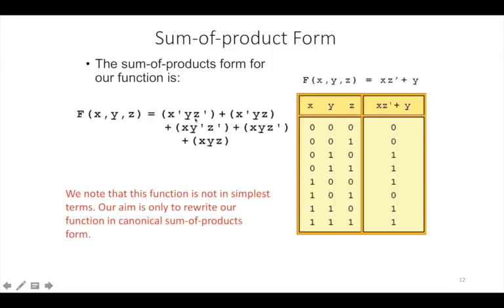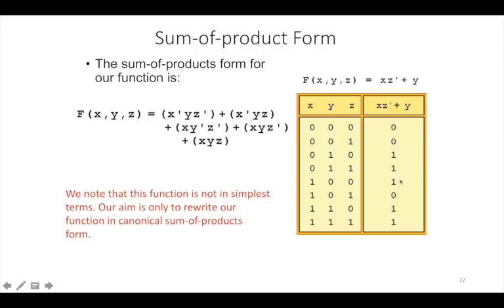Then we OR with the next term that makes the function f equal to 1: x complement and y and z. That's the second term right here.